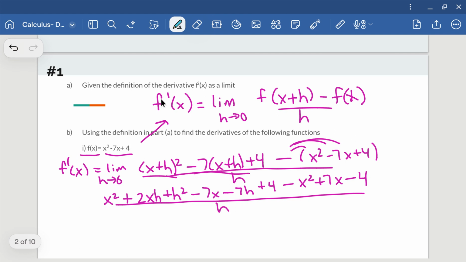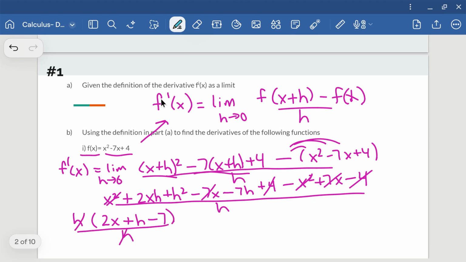So we'll start to see some things canceling nicely, like your x squared terms, your 7x, your 4, and then from the first 3 terms, we can take out an h. So if I took out an h, I'm left with 2x plus h minus 7 all over h.